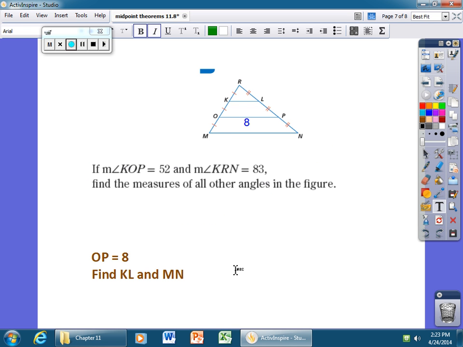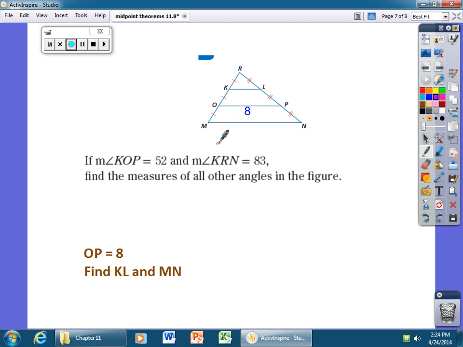Here's another problem for us to look at and try to figure out some things. It tells me the measure of angle KOP, which is this one right here. It also gives me the measure of KRN, which is this one up here. So they're giving me two angle measures.